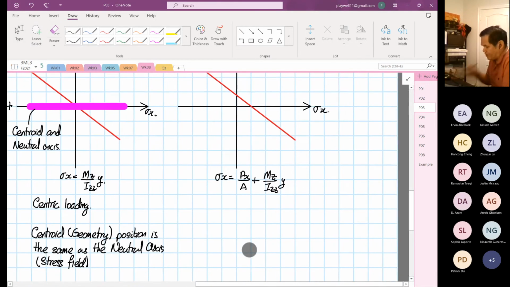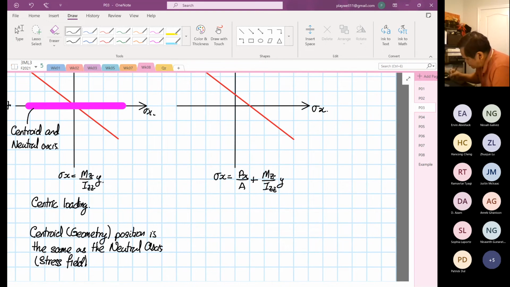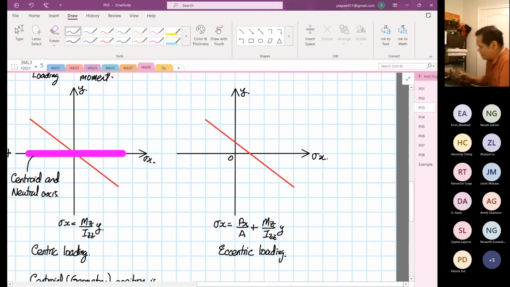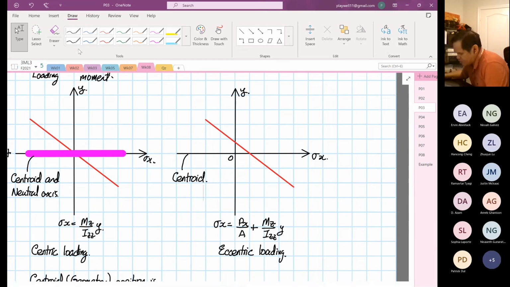However, in eccentric loading, in this case we have Px over A plus Mz over Izz multiplied by y. We know that at this line over here is where stress x is equal to 0. We know that this is our centroid, and where stress x is equal to 0, what position is that now?